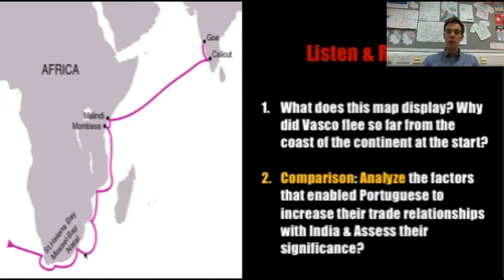So the first one is the fact that they had innovations in maritime technology, right? So they had these boats called caravels, and they had these triangular sails, and this enabled the Europeans to do many different things. One, it allowed them to kind of nose in and out of these estuaries, which were the coastal rims where the freshwater met the sea.